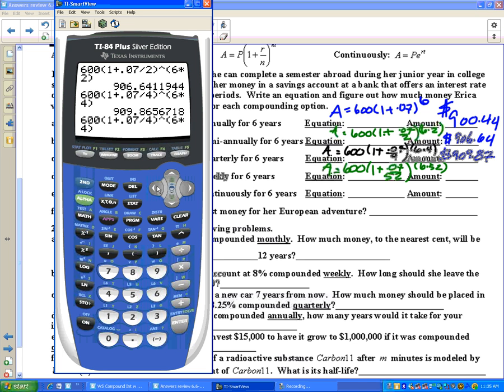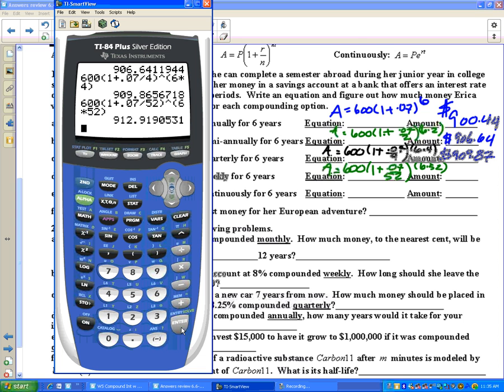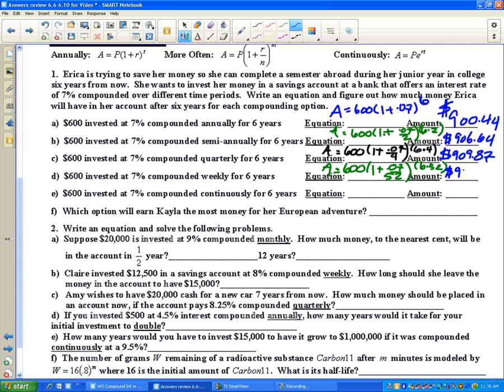I want to divide by 52. I'm going to hit second, delete, so I can add a 2. And this is 6 times 52 in parentheses, because that's my power. And I'm going to get $912.92.